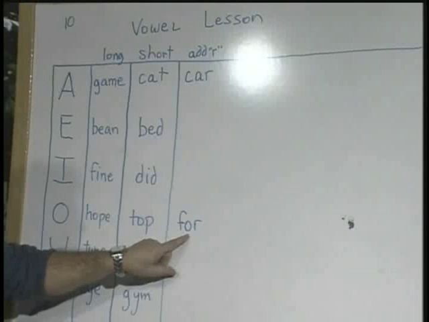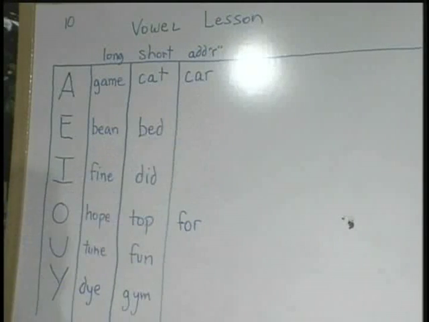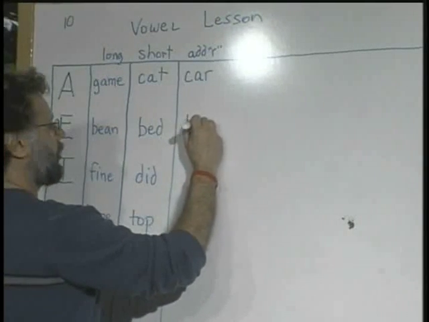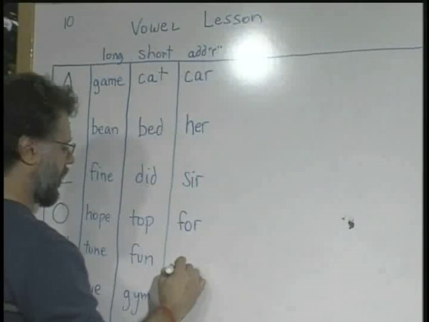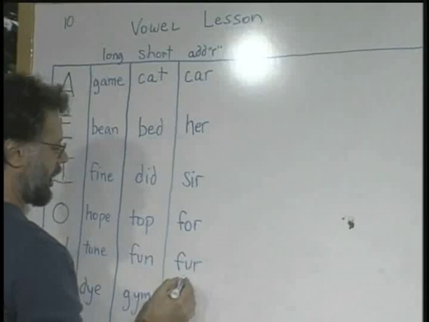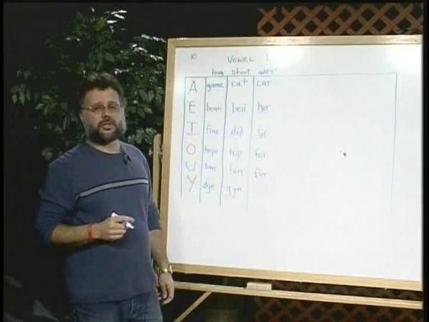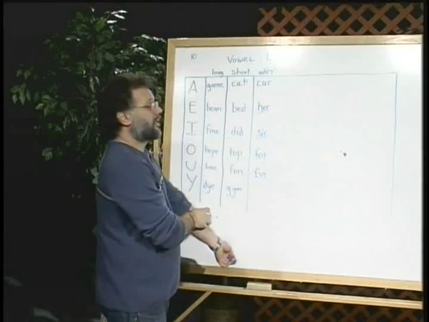O has its own sound. OR makes OR. AR makes R. What's interesting about this letter is that the way it affects the other 3 letters, meaning E, I, and U, is identical. So we have her, sir, and fur. All right, so these 3 here have the same exact sound, her, sir, fur. All right, so that's important to remember when we're learning the vowels in English.